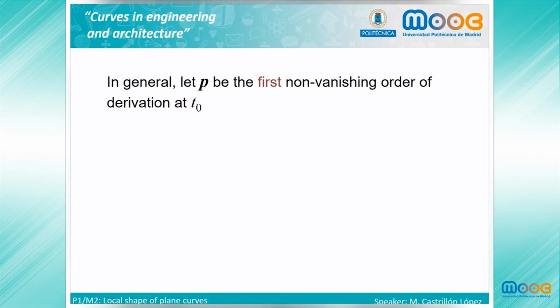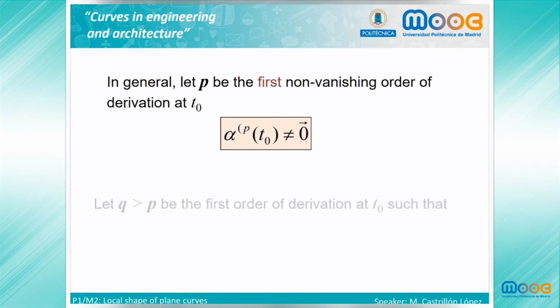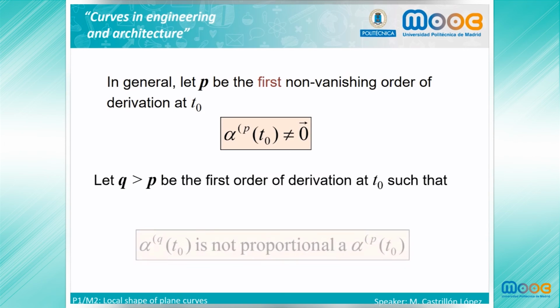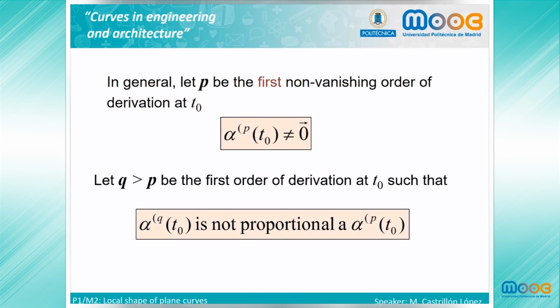These four cases give enough information to give a complete result on the qualitative local shape of a curve. In general, let P be the first non-vanishing order of derivation at t0, and let Q greater than P be the first order of derivation at t0 such that the Q derivative and the P derivative are not proportional.